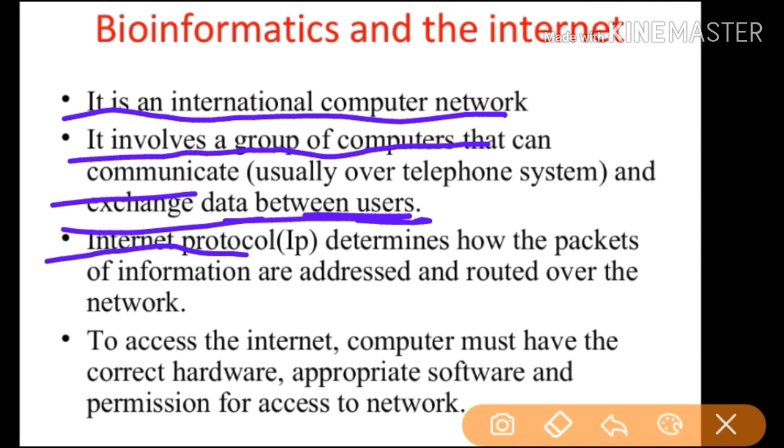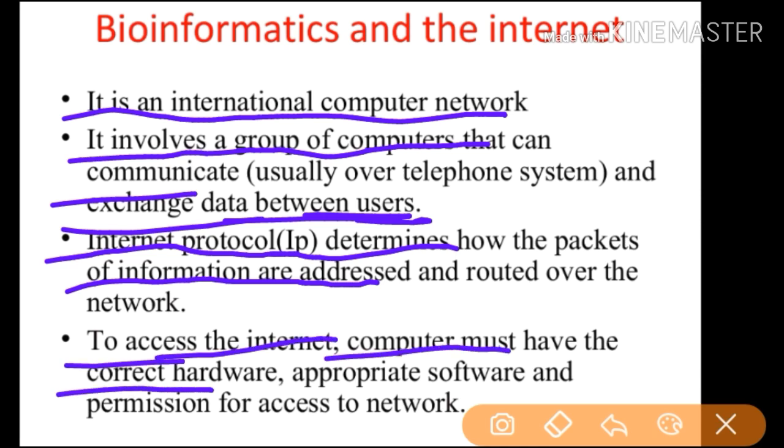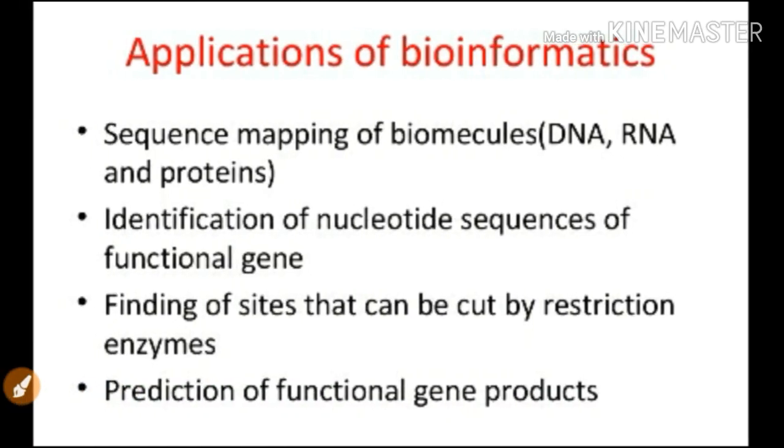The internet protocol, we call it IP, determines how packets of information are addressed and routed over the network. To access the internet, a computer must have the correct hardware, appropriate software and permission for access to the network.